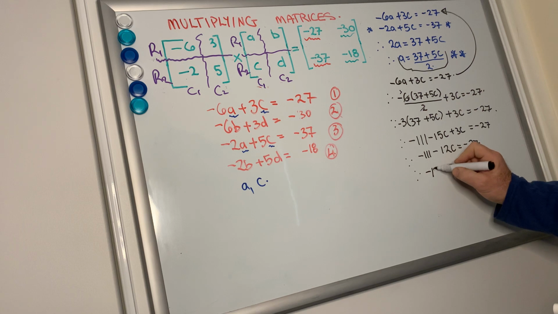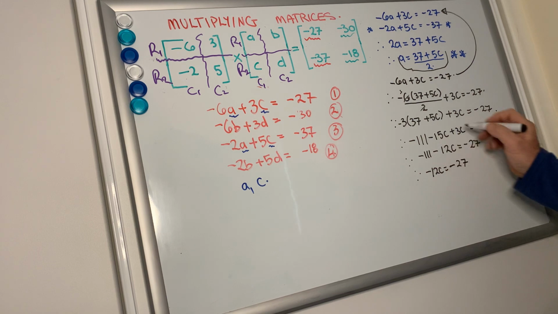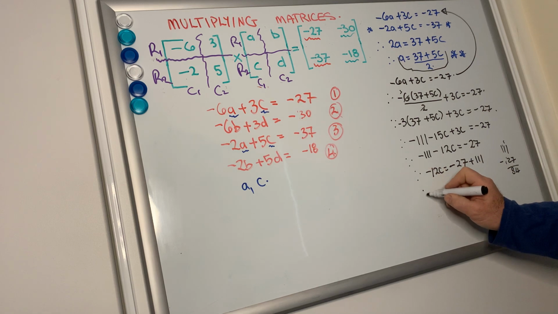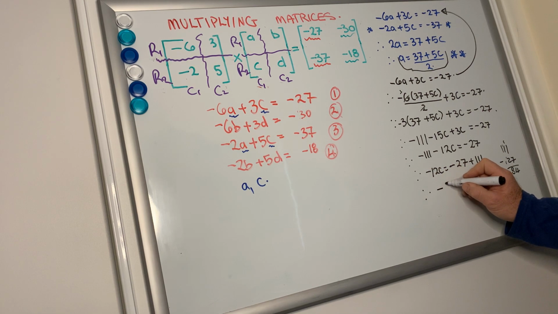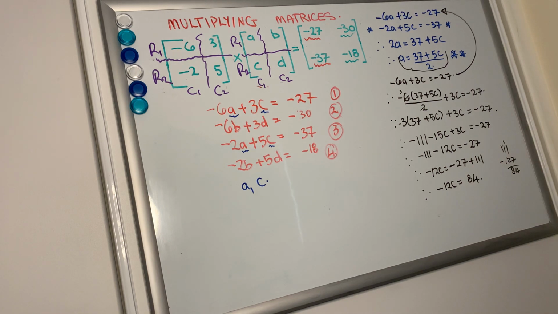Therefore, minus 12c is equal to minus 27 plus 111. So 111 take away 27: 11, it's 4, 11 and 4, let's carry that, 11 and 3 is 8, is 84. So therefore, minus 12c equals positive 84. Okay?